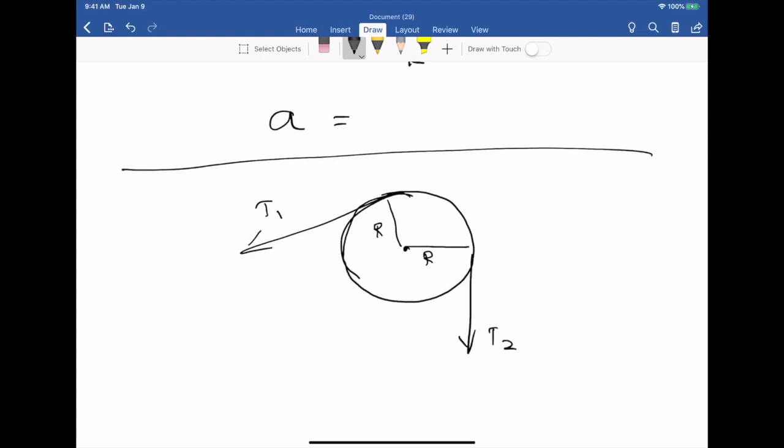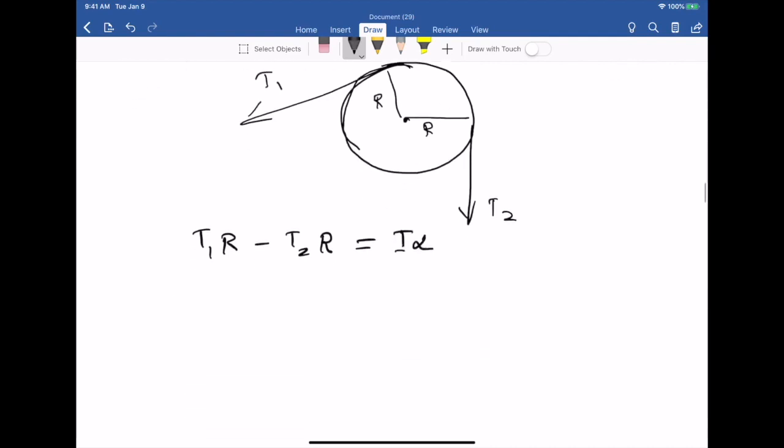So it's going to be T1R minus T2R, that's the net torque, and we are ignoring the frictional torque, just to make this simple, is equal to I alpha. Let's plug in the I for a pulley. It's 1/2 mr squared. So T1R minus T2R is equal to 1/2 mr squared times alpha.